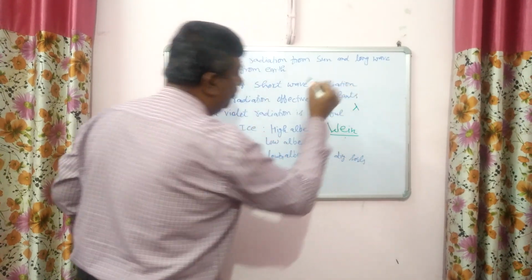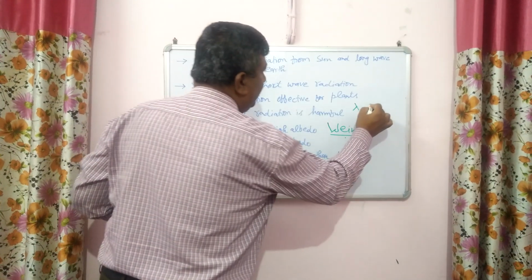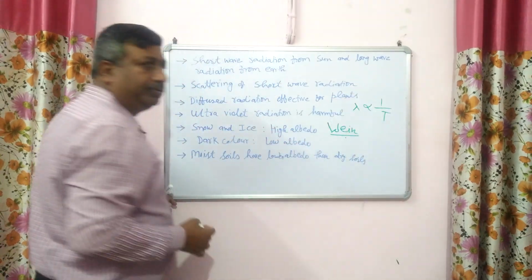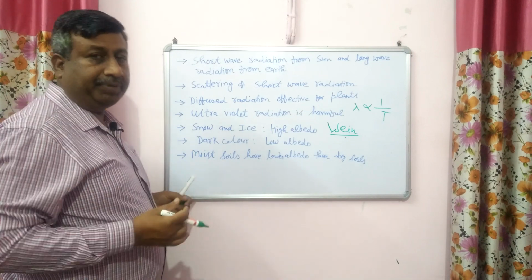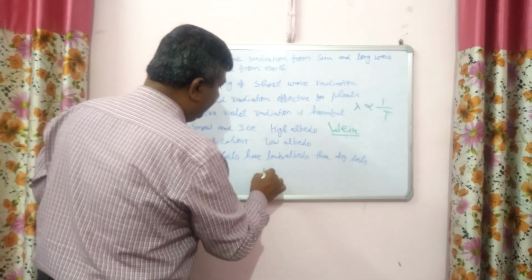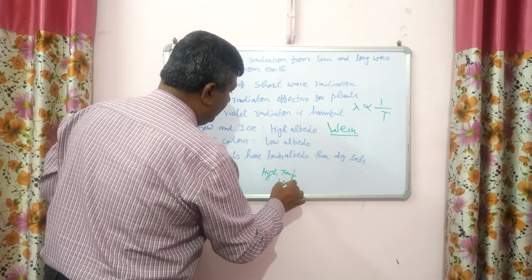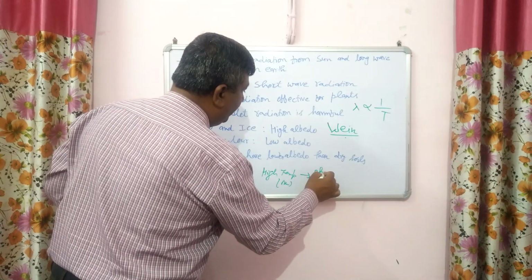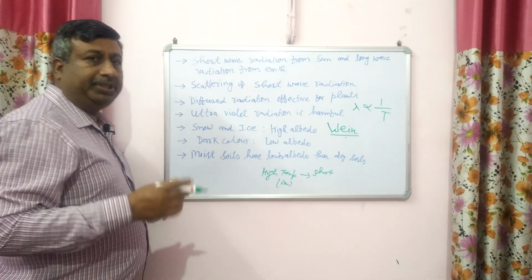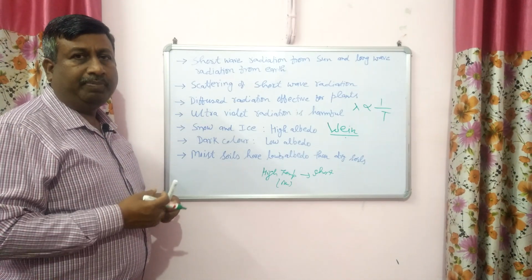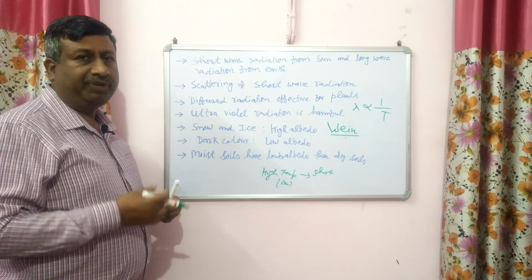Wavelength is denoted by lambda. Lambda is inversely related to the temperature. So if a body has high temperature, like the sun, then it emits short wave radiation, and if the temperature is low, then it will emit long wave radiation in the range of infrared.